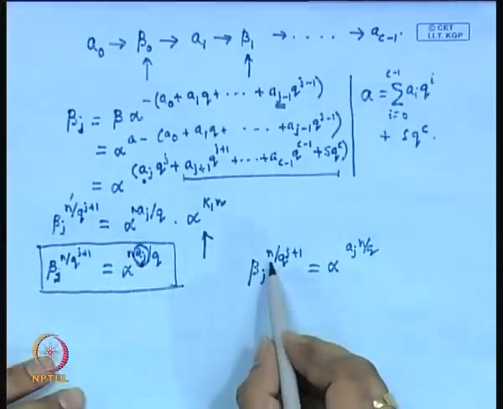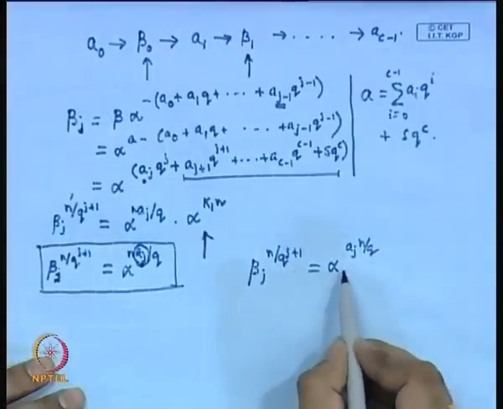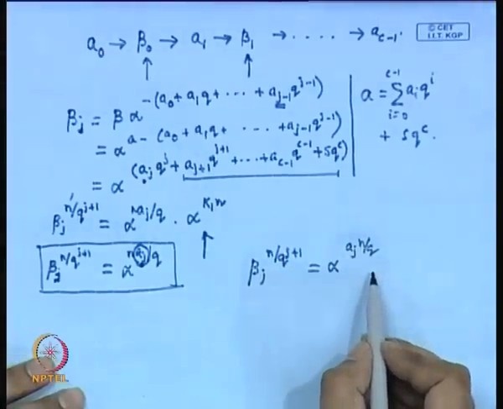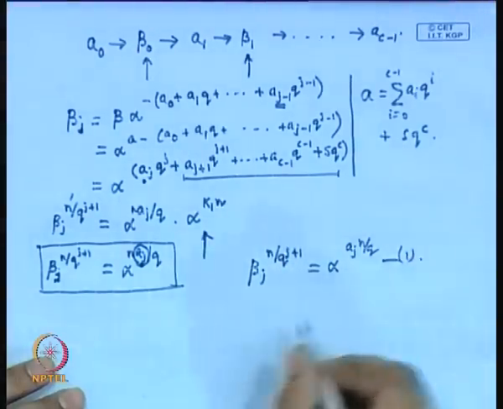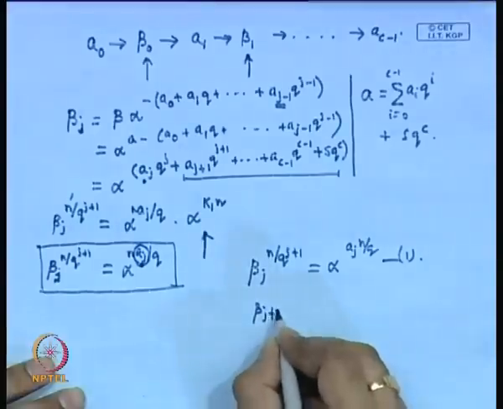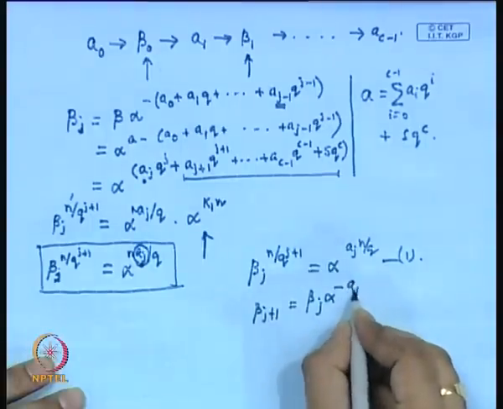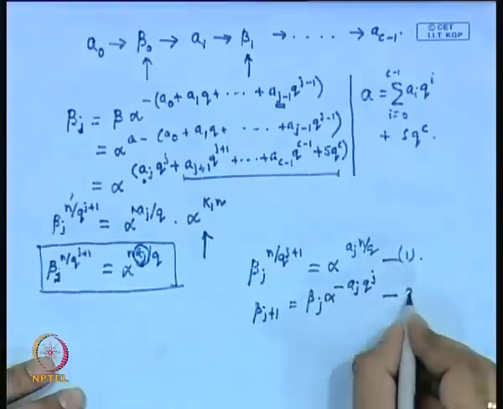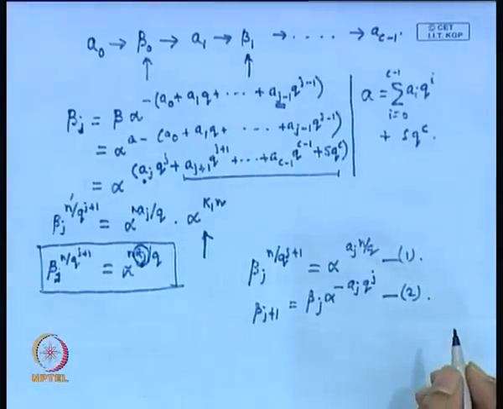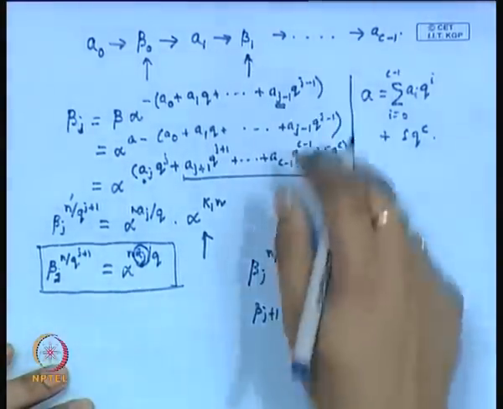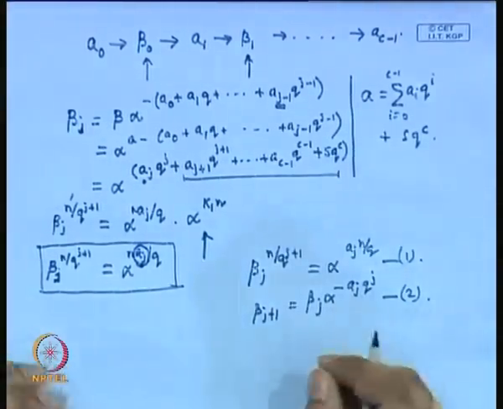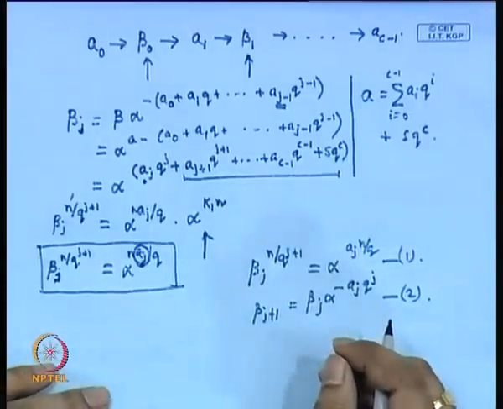So, beta j to the power of n by q to the power j plus 1 is equal to alpha to the power of aj n by q. This is one equation. The other equation is the definition of beta j plus 1, which you can always define like beta j alpha to the power of minus aj q to the j. This is the second equation. This is exactly the same thing, but you can write it as a recursion like this.